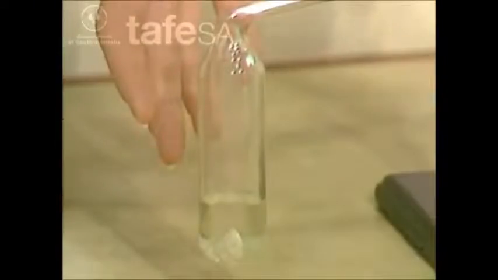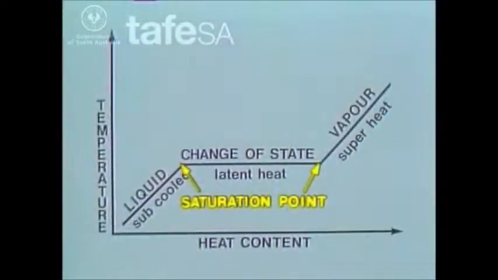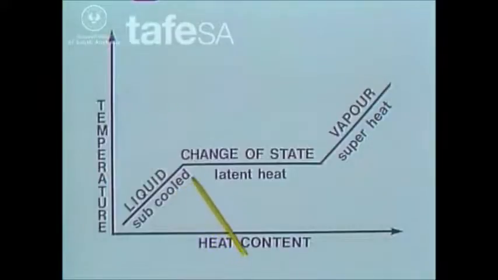condensing stops, the vapor pressure builds up, and then the boiling of the refrigerant stops. The fine point at which vaporization or condensing starts and stops, depending on which way the change of state is occurring, is called the saturation point. Because the liquid is saturated with heat just before the change to vapor. And when condensing, the vapor is saturated with heat just before it changes to a liquid.